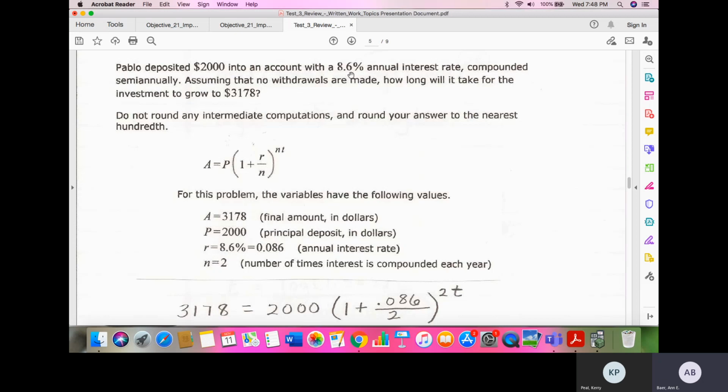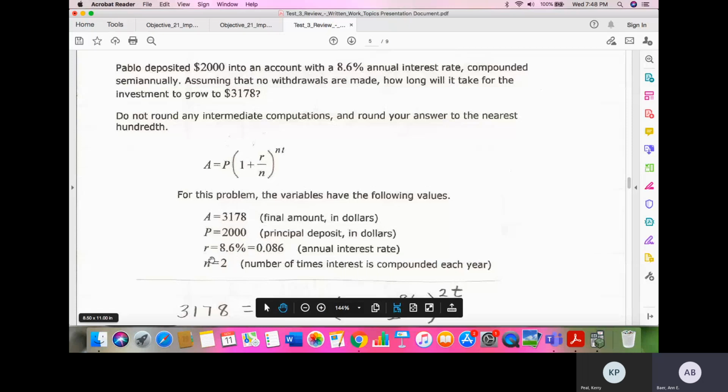With an 8.6% annual interest rate. So there are a couple of ways you can handle this. Note down here, this R is the annual interest rate, but it's been converted to a decimal. So you will need to convert your percent to a decimal in order to get the correct answer.